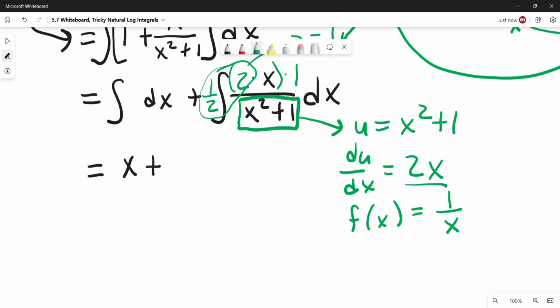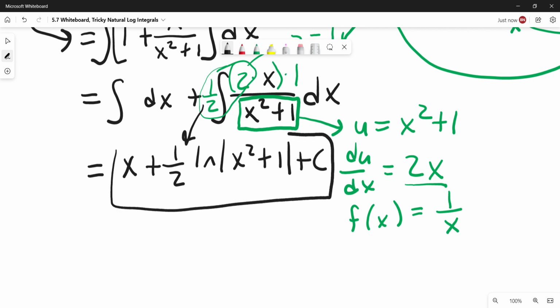The antiderivative of 1 over something is the ln absolute value of that something. So hopefully you can make the leap to saying: the 1/2 comes down, ln absolute value of x squared plus 1. Now we have a collective plus c at the very end. There we go. Yep, that's it. Okay.